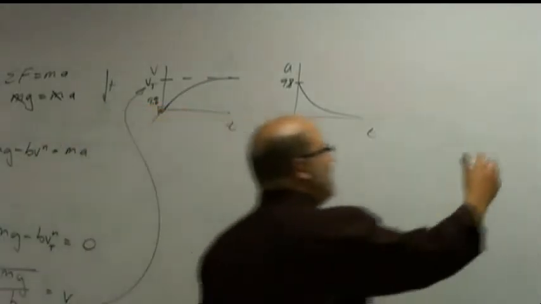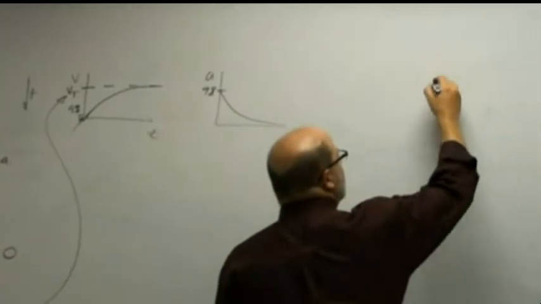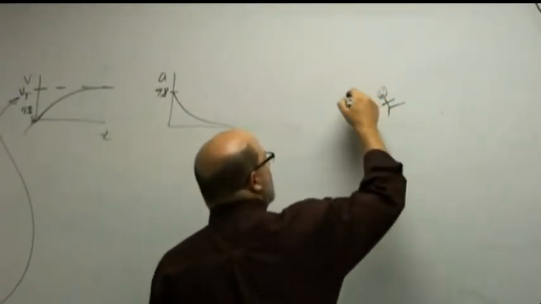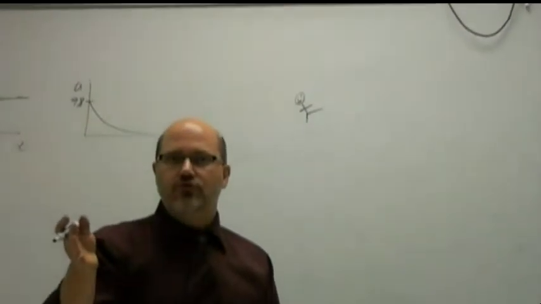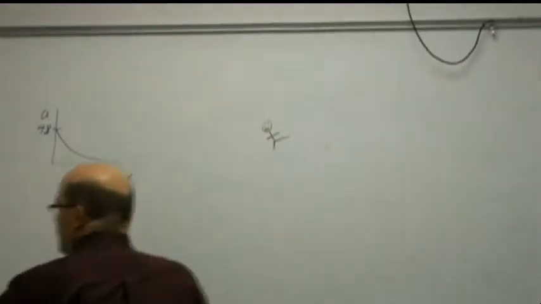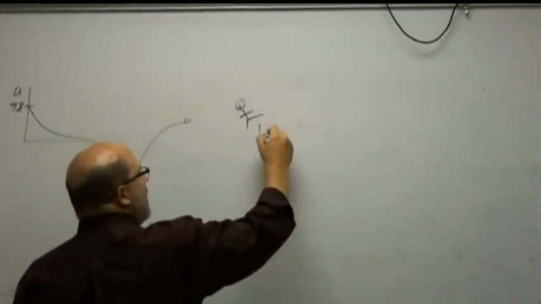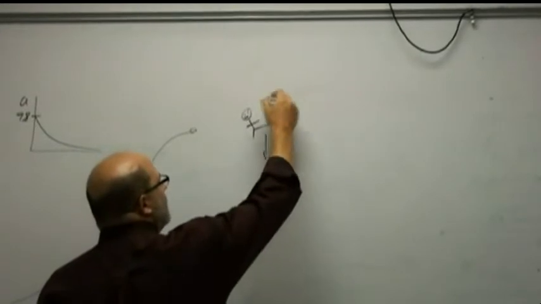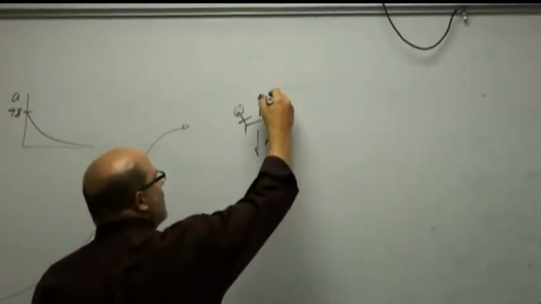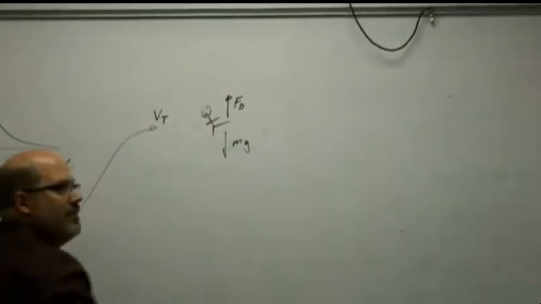What if the person is falling already? They're falling at a velocity greater than, well, let's make it realistic. Let's say they're falling at terminal velocity. So I'm continuing this problem right here. They're falling, with mg and drag, and they're at terminal velocity. And then they pull their chute.